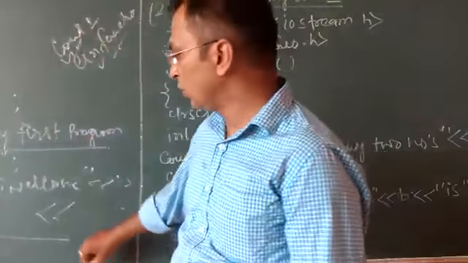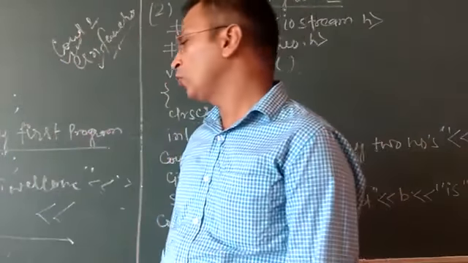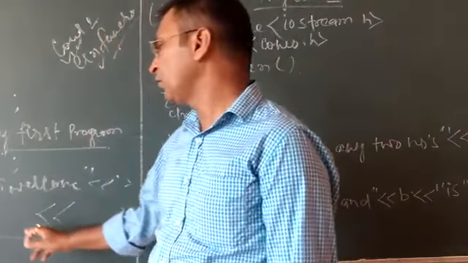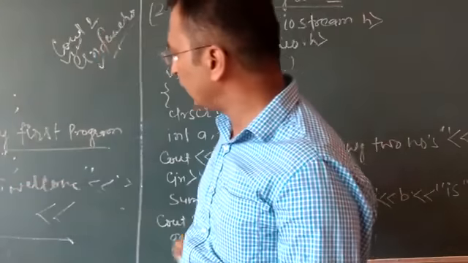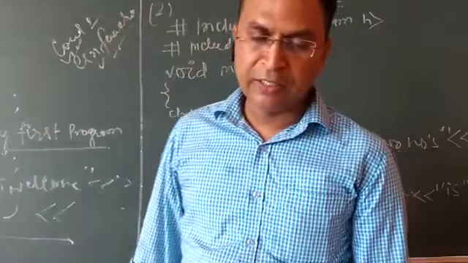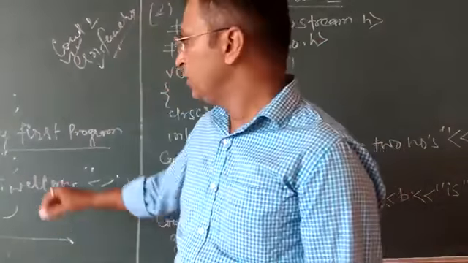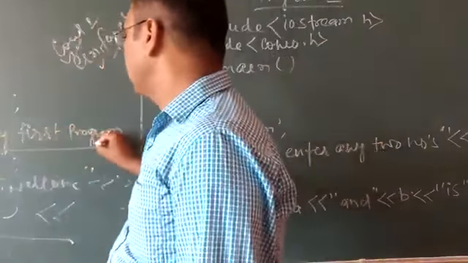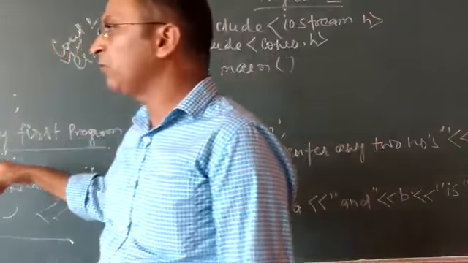This feature is known as cascading, meaning two or more cout statements are used in a single line.